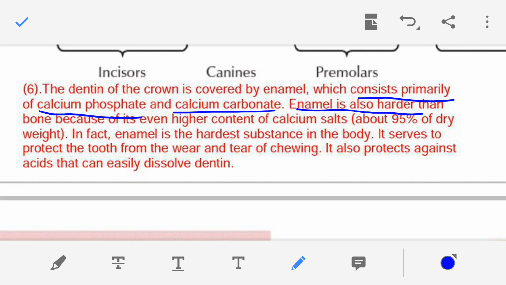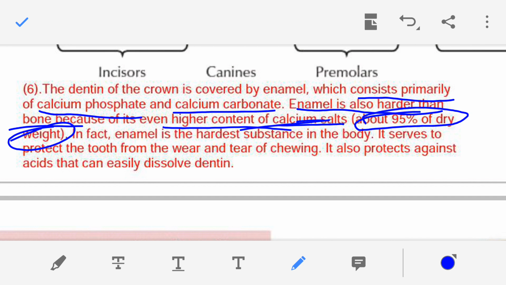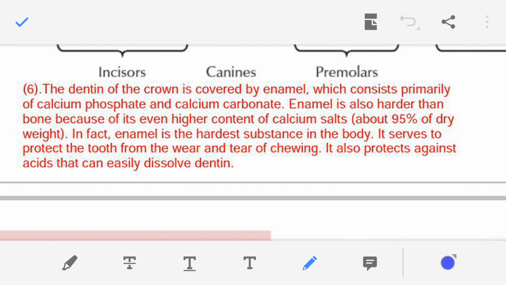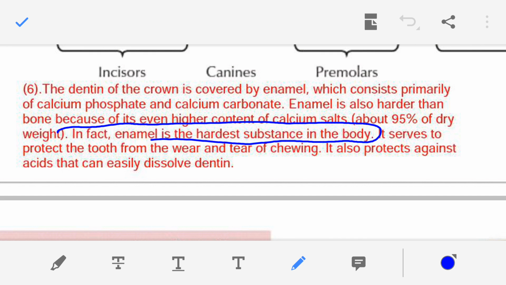Enamel is also harder than bone, and it also has a higher content of calcium salt, about 95% of the dry weight of the enamel. So that is the meaning of this line. And this line: enamel is the hardest substance in our body.